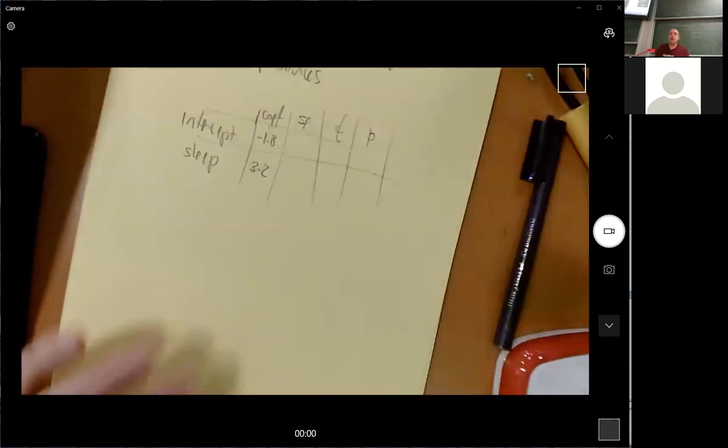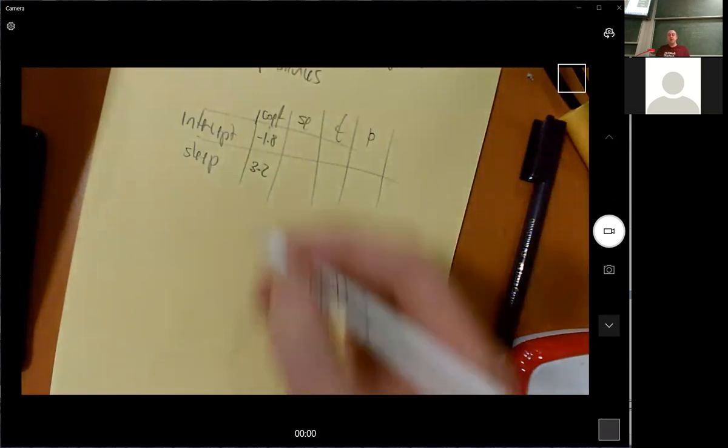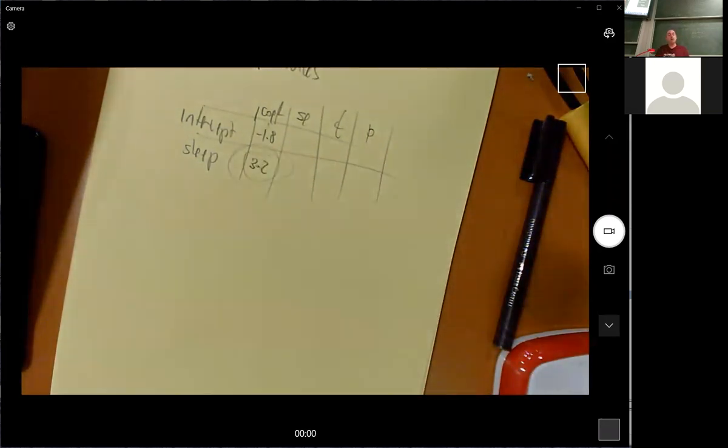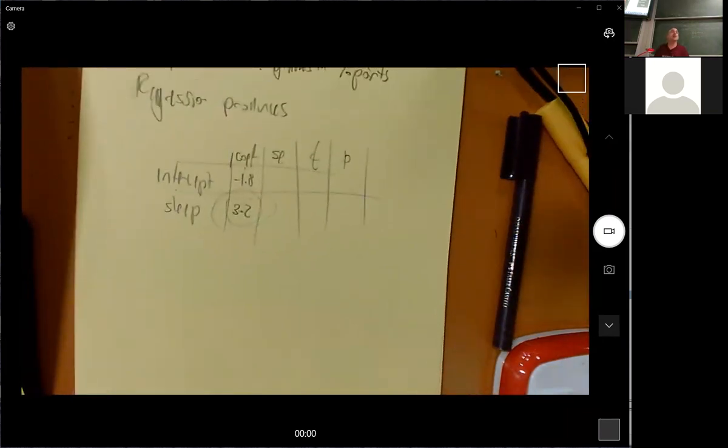Okay. So if I wanted to interpret this slope coefficient here, then I would be saying, sorry? Correct.